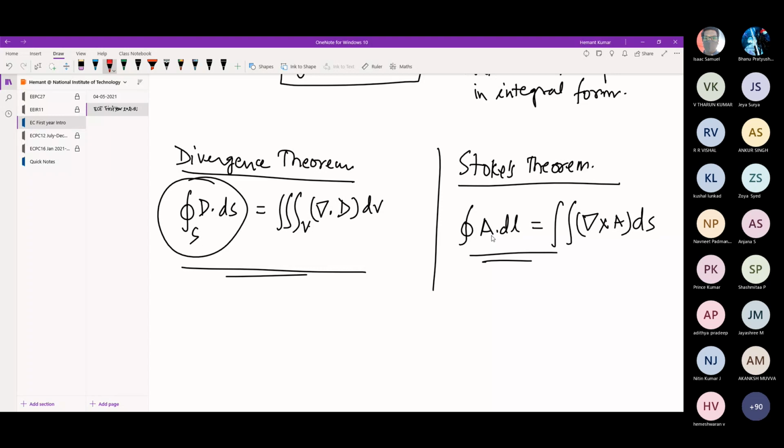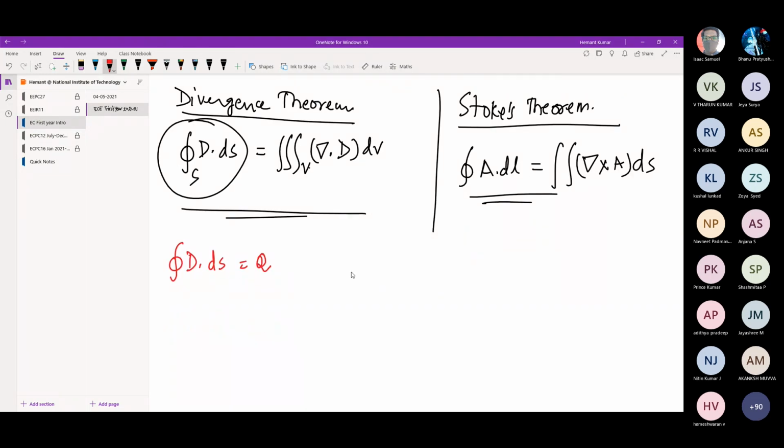So if you apply Gauss's law, what does Gauss's law say? D dot ds is equal to Q, right? Now I am applying this. So the left hand side will be the integral of del dot D dv equal to Q. Q is the total charge. Suppose the charge is not fixed at a particular point. Suppose the charge is distributed uniformly with the charge density rho v.